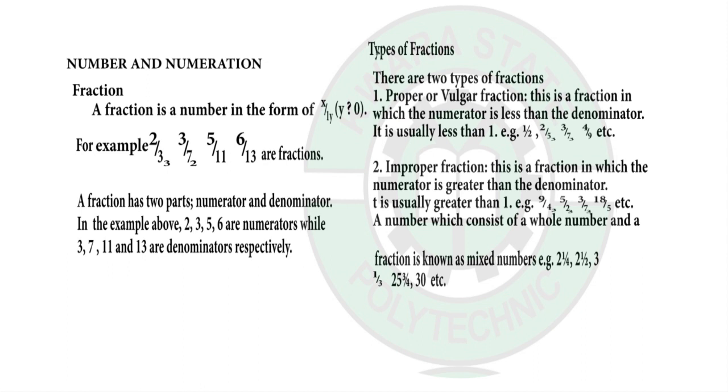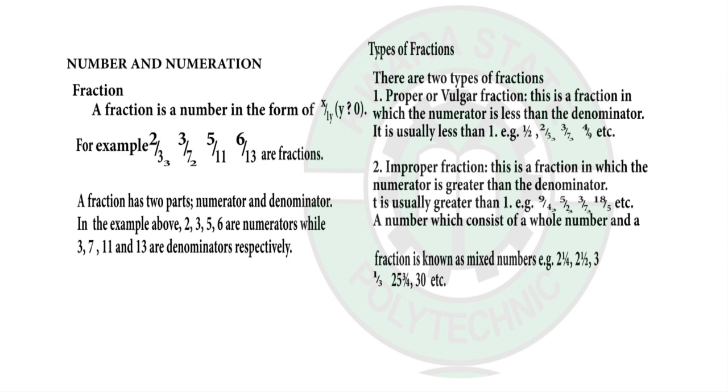Another one is the improper fraction, and it's a fraction in which the numerator is greater or equal to the denominator. Example of that is 5 over 2. Here you can see that 5 is greater than 2.